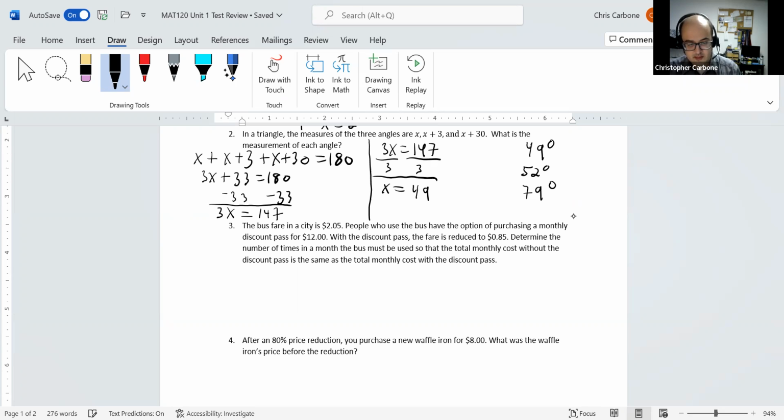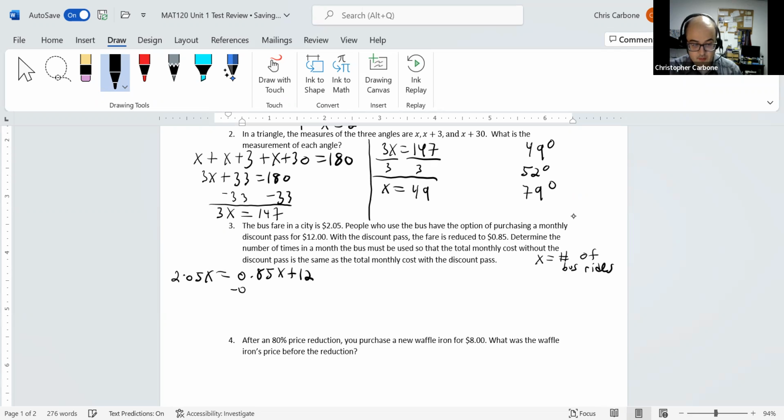We want the number of times in a month the bus must be used so that the total monthly cost without the discount pass is the same as the total monthly cost with the discount pass. So x is going to be the number of bus rides. This would be $2.05 times x is equal to 85 cents times x plus 12.